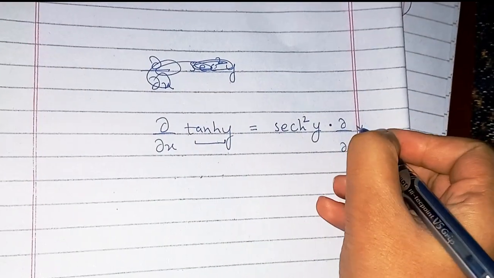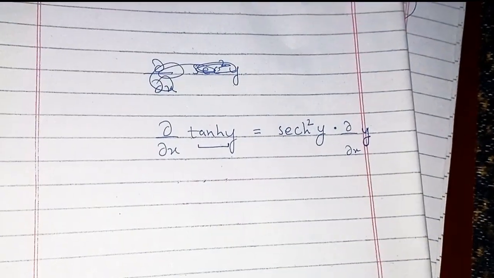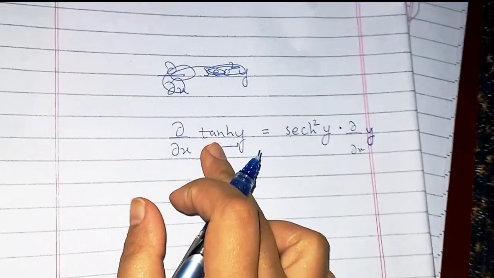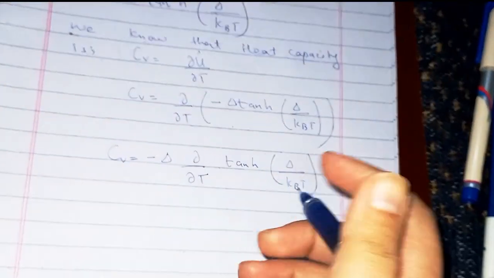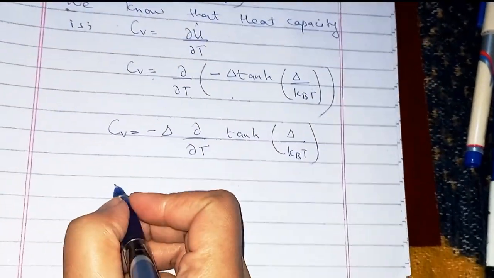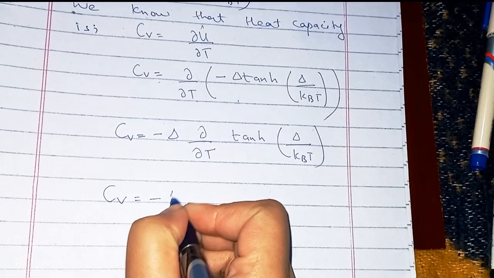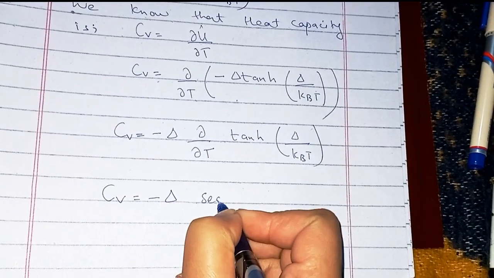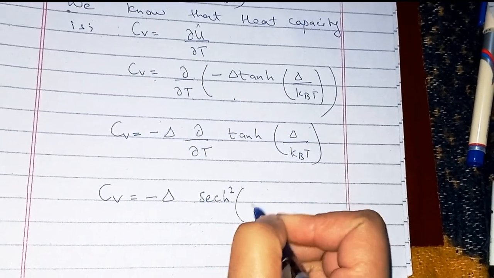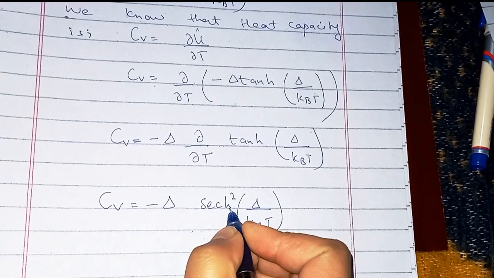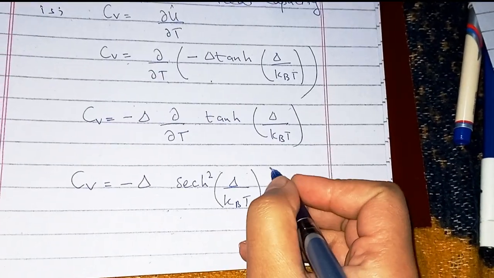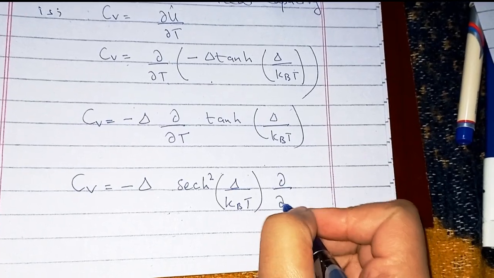That's the rule. Always we'll take the derivative of angle and one function changes into other. So tanh changes into sech squared. So let's do that. Minus delta sech squared of delta by kBT. Okay, there is square on the hyperbolic and derivative of its angle.